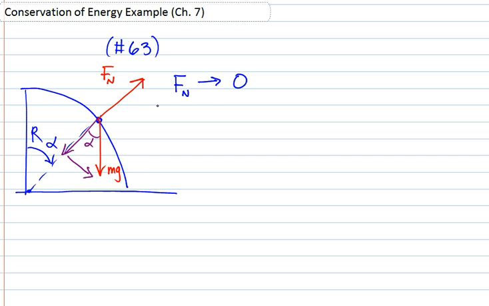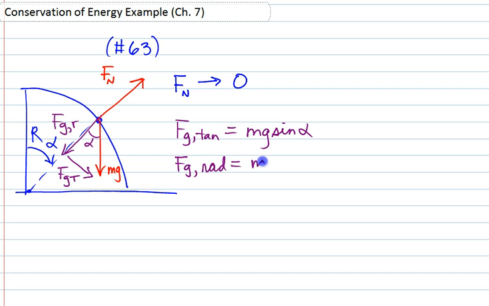We'd have a force of gravity tangent to the circle, F_GT, which is mg sine alpha, and a force of gravity which is radial, the pointing inward part, F_GR, equal to mg cosine alpha.